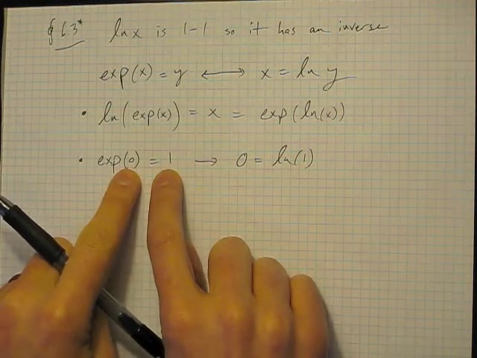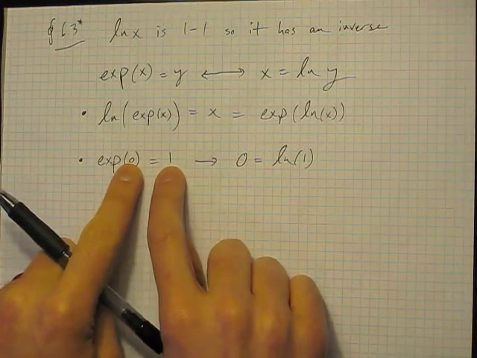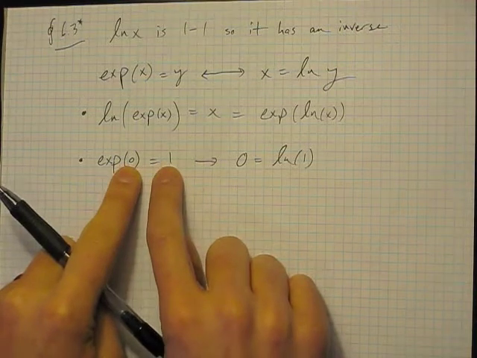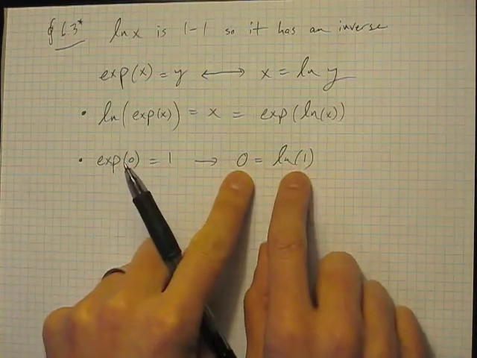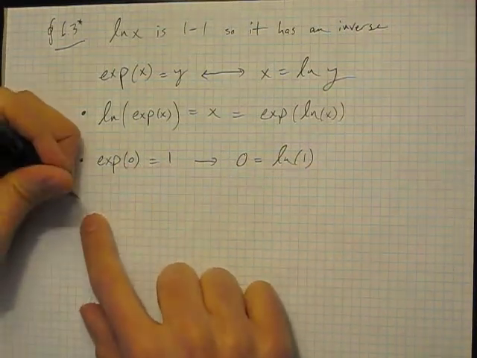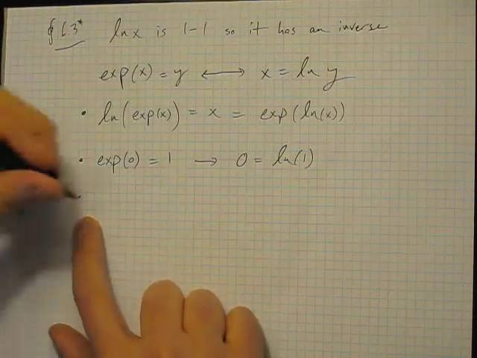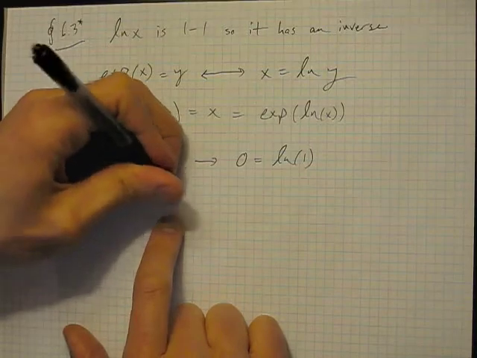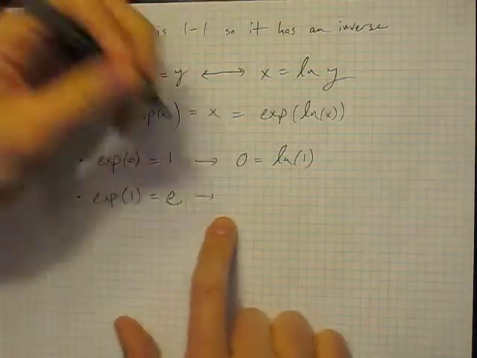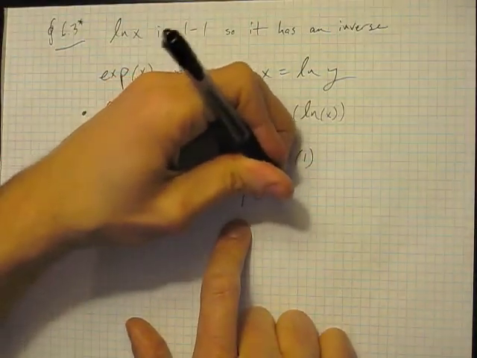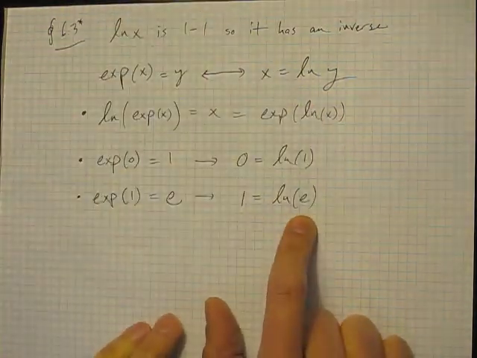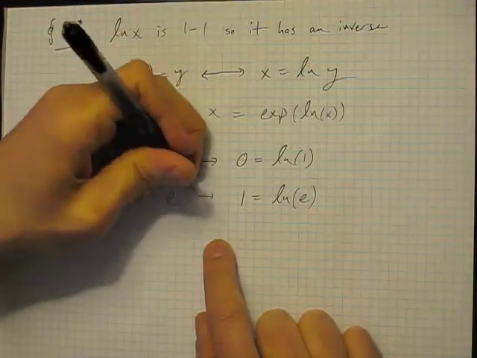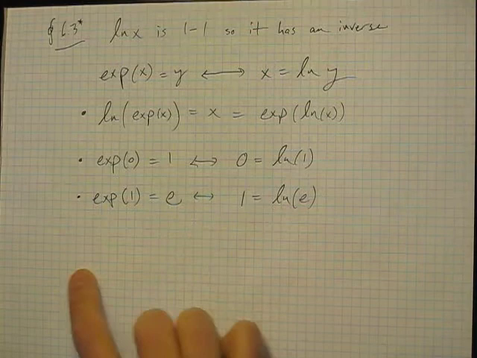If the exponential of 0 is to be equal to 1, then that's equivalent to this statement right here. So we have the exponential of 0 is equal to 1. The same reasoning tells us that the exponential of 1 is equal to e, because 1 is equal to the natural log of e. Okay, this is all a consequence of our inverse function relationship.